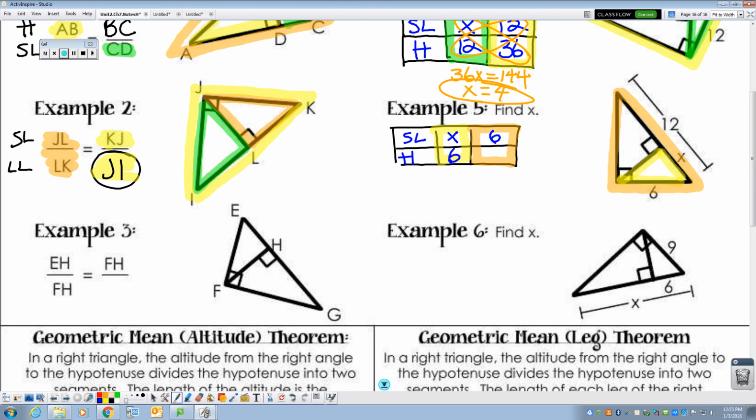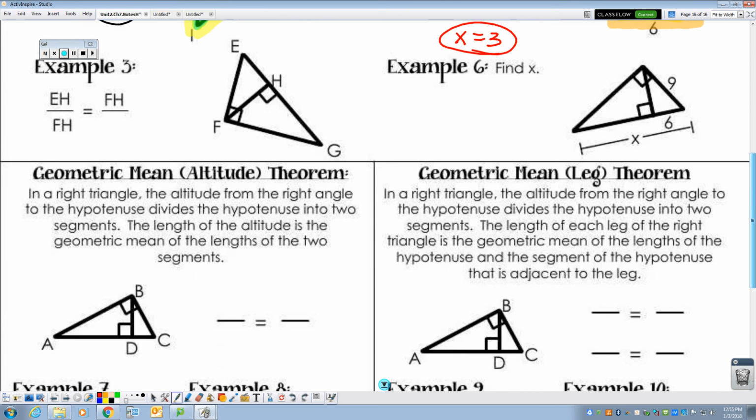The hypotenuse is 12. Now we cross multiply and solve. So when I cross multiply this, we get 12x equals 36. So x is 3. And I'm going to leave off example 6 as extra practice.